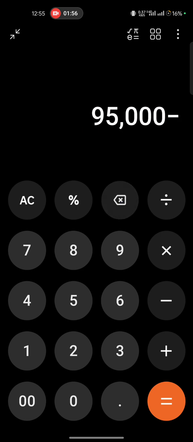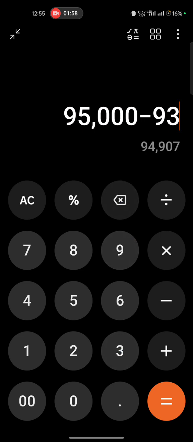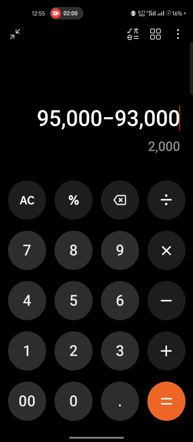That is 95,000 minus 93,000. That's 2,000. All you have to do is remove a zero at the back of that 2,000. It will remain 200. That means BTC dropped 200 pips from 95,000 to 93,000.